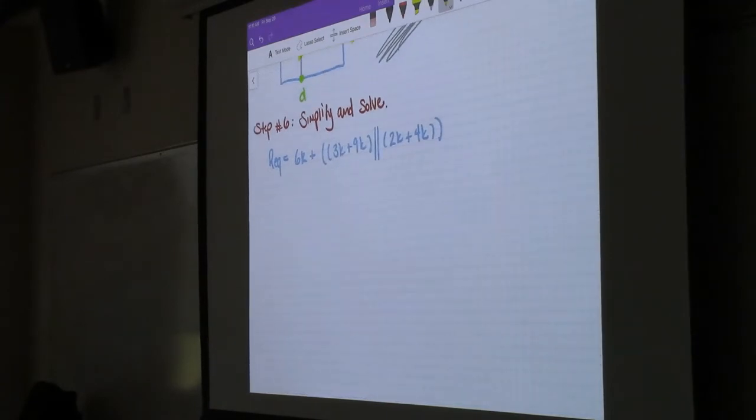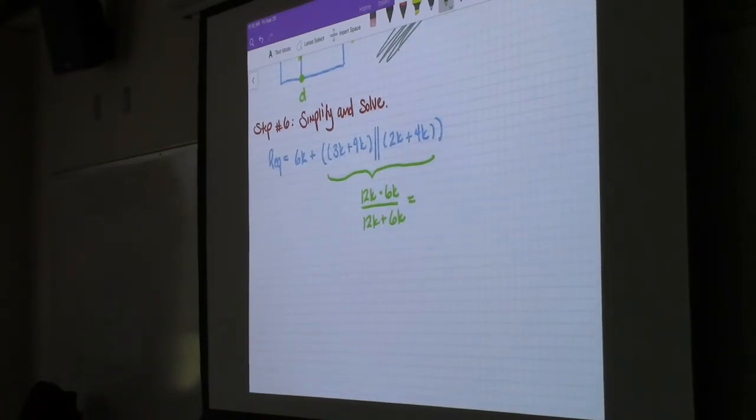We know that this will be equal to 12K times 6K over 12K plus 6K. Can anybody tell me what that is? Someone say it? 4K? Is that easy to do in your head?